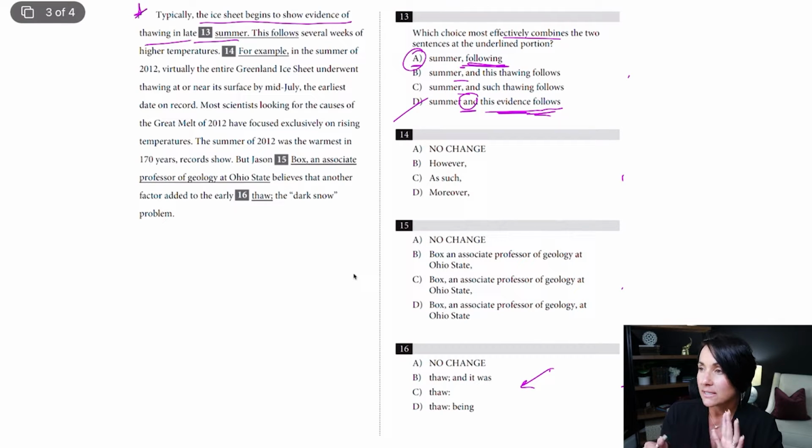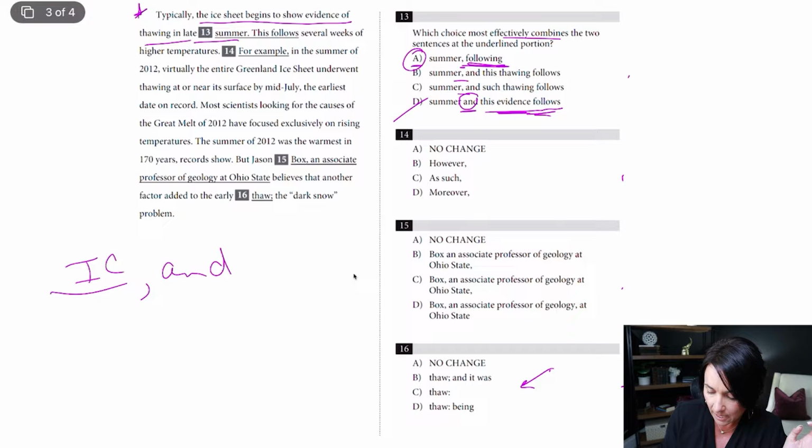B, let's take a look. Let's discredit B and C. So we have the ice sheet begins to show evidence of thawing in late summer, and this thawing follows several weeks of high temperatures. The only thing I don't like about B: it is grammatically correct because the comma and makes it two independent clauses joined by the comma and conjunction. So you can have an independent clause, comma, and then another independent clause. That is A-okay.